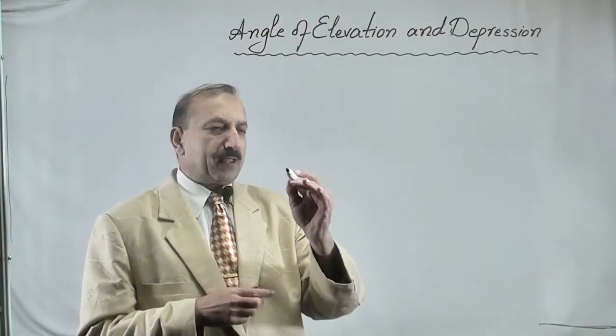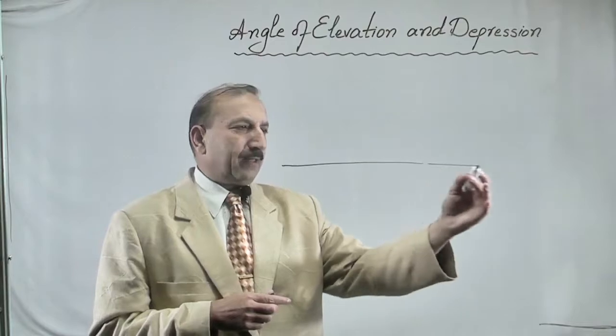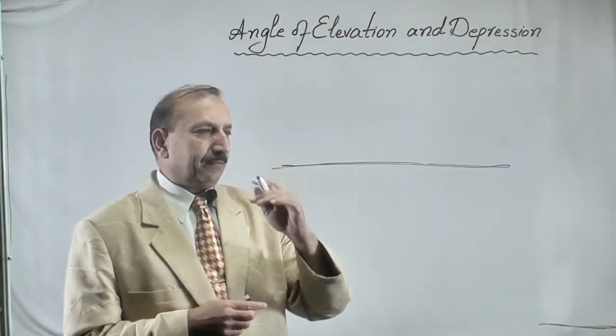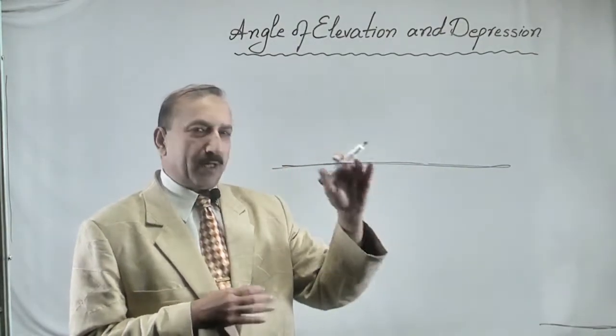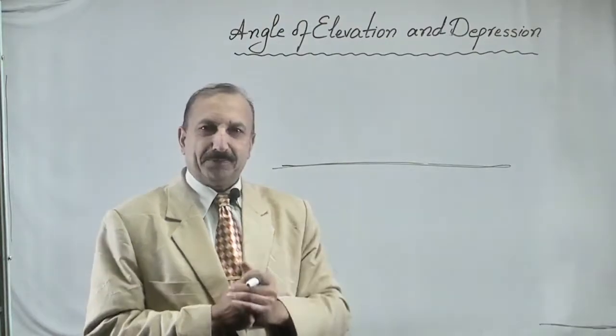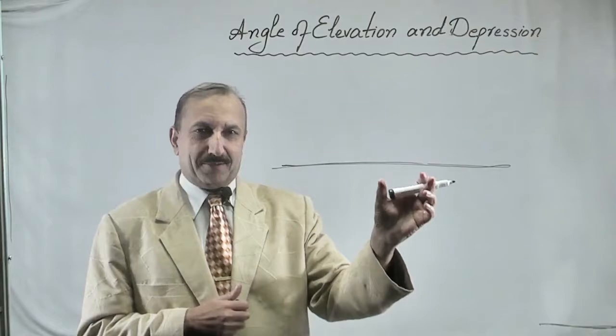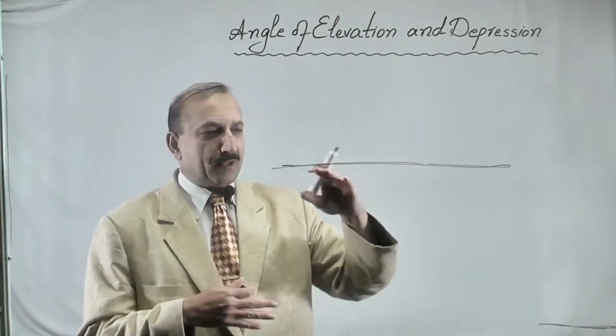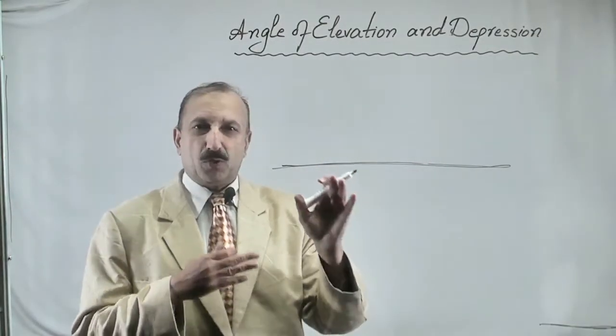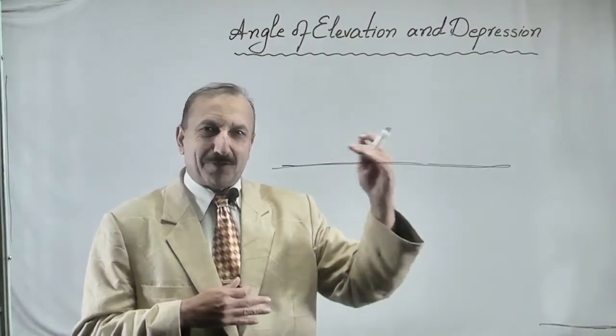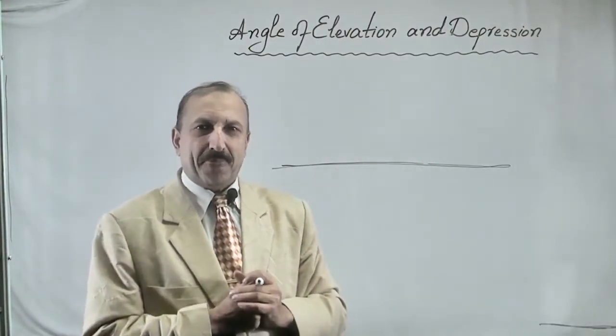Let's draw it once. This is the level of my eyesight. A line of sight right now is this. This line is called the horizontal line because on the base of this line of sight we are going to talk about the next concept of this topic.